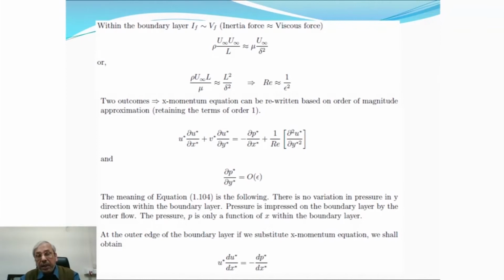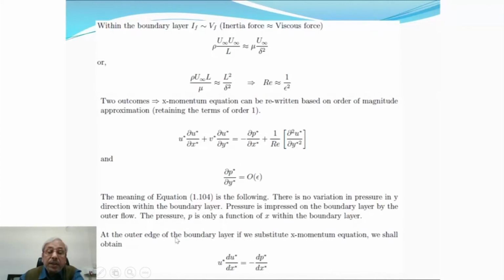Across the boundary layer at a given X location, pressure will not change at any Y within the boundary layer at a given X. So del P star del Y star is order of epsilon, or we can say del P del Y is of order of a very small quantity, and can be neglected.